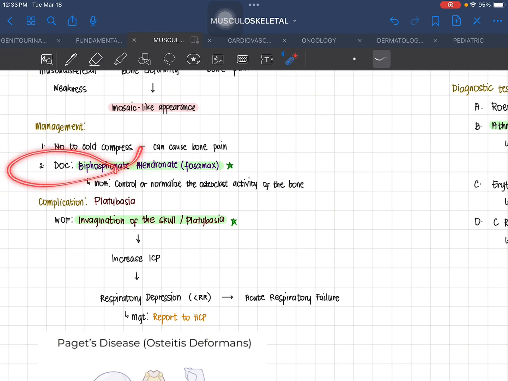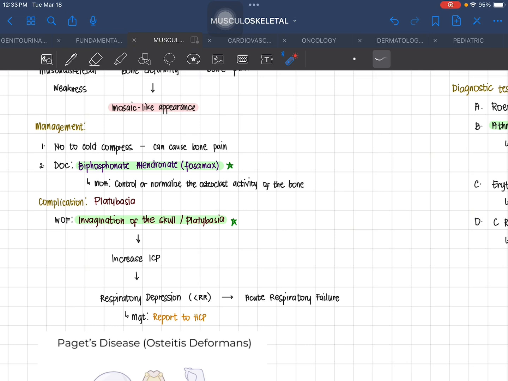Our drug of choice here is bisphosphonate alendronate or Fosamax. Again, the drug of choice in Paget's disease is bisphosphonate alendronate Fosamax. This is to control or normalize the osteoclast activity of the bone.